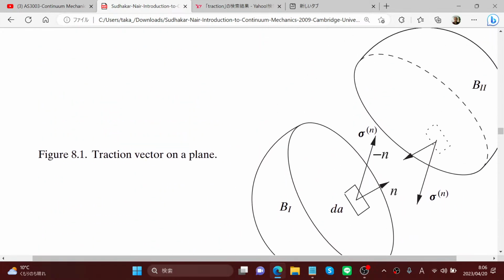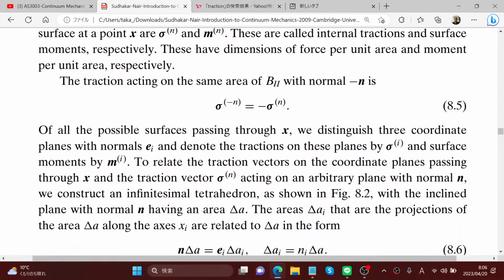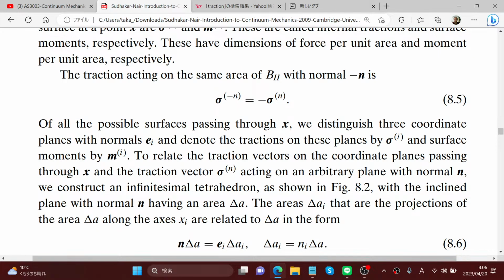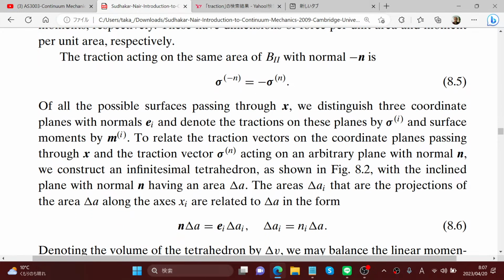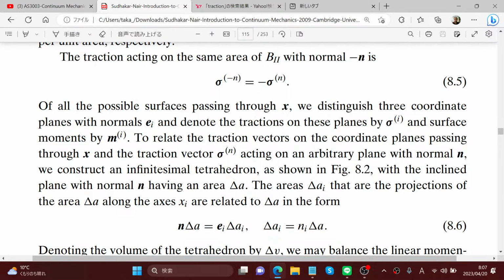Where is X? Anyway, all possible surfaces passing through X, we distinguish three coordinate planes with normals e_i, and denote tractions on these planes by sigma_i and surface moments by m_i.